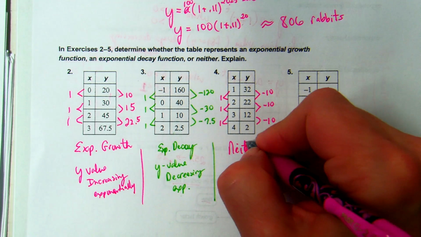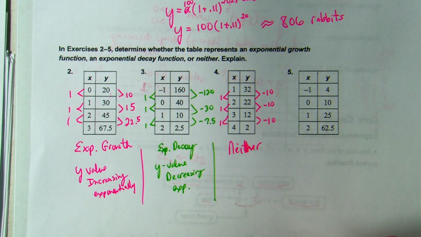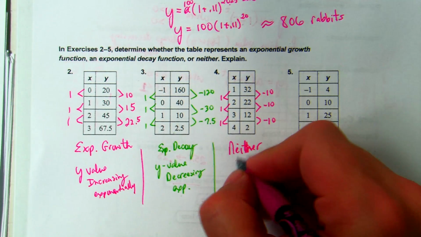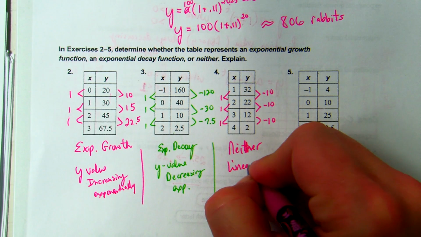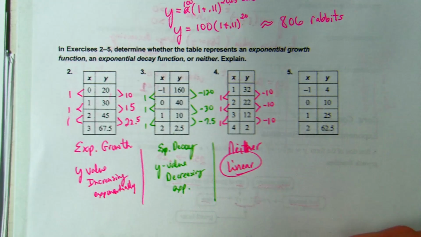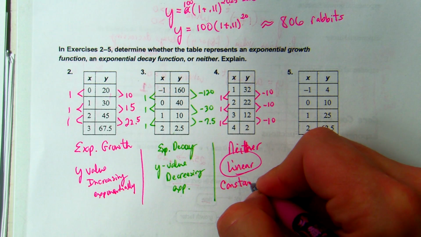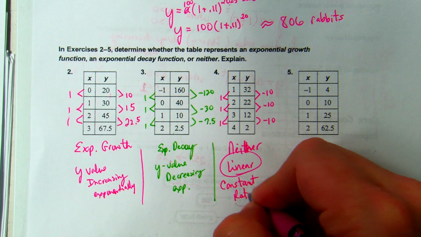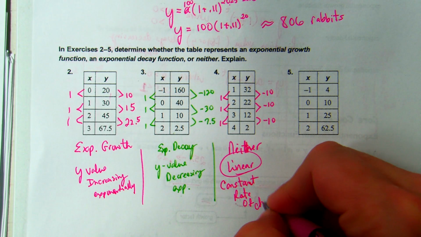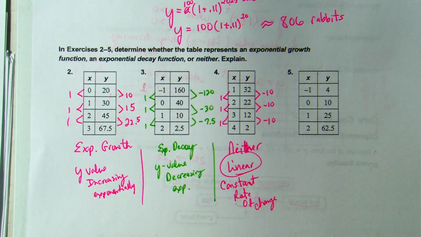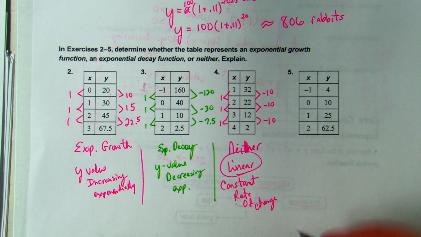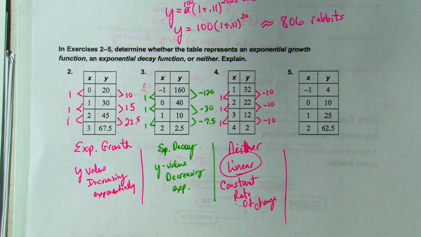Yes, you are correct. It is linear. It's linear because there is a constant rate of change. It is not a decay or a growth, because it's not exponential at all.